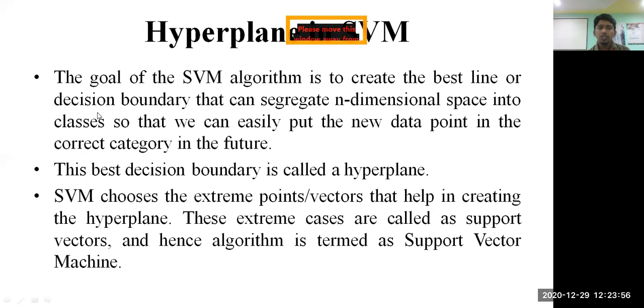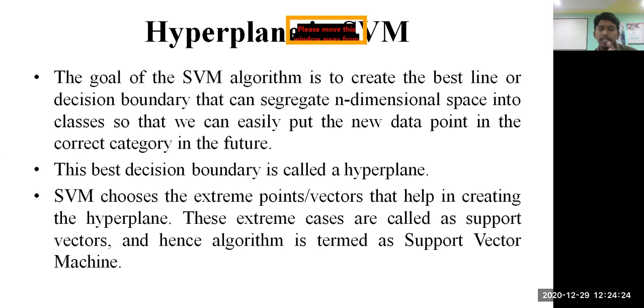Okay, so when you're talking about SVM, the important concept to be discussed is the hyperplane, which is the separation of classes in your data. So the goal of the SVM algorithm is to create the best line or decision boundary that can segregate n-dimensional space into classes, so that we can easily put a new data point in the correct category in the future.